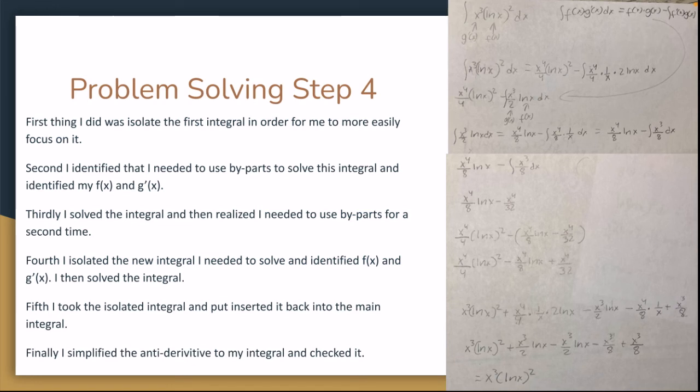So I am left with x to the 4th over 4 times natural log of x squared minus x to the 4th over 8 times the natural log of x plus x to the 4th over 32. And then next I check my answer to make sure that I solved this integral properly, and it turns out I did. So I move to the next step.